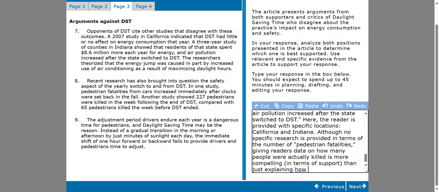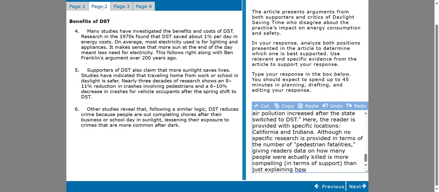And just to be clear, writers, going back to the benefits, nearly 3 decades of research shows an 8 to 10, 11% reduction in crashes involving pedestrians.